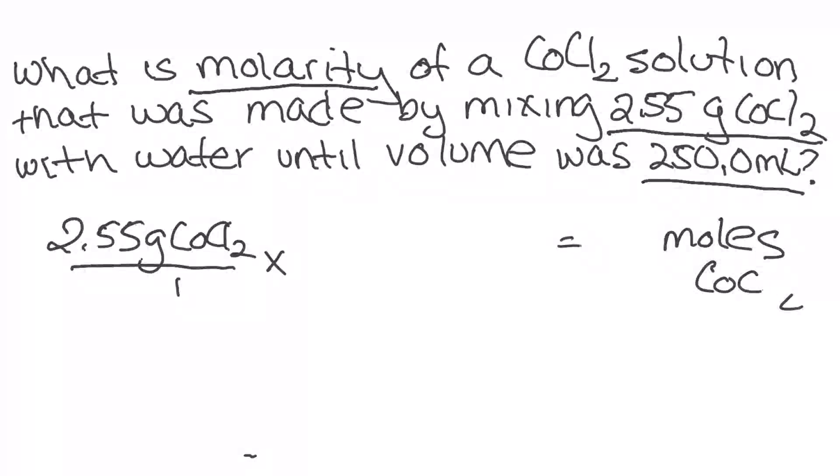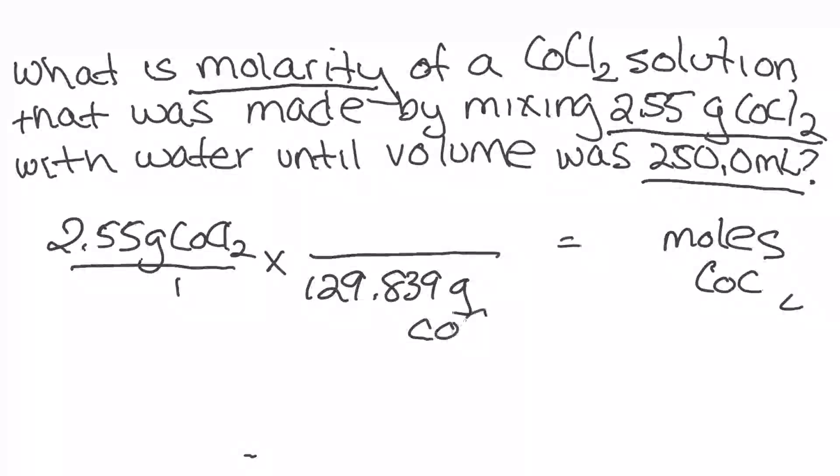So I'm going to look at the periodic table, look up cobalt and chlorine, take 2 chlorines, and add them all together. And I get 129.839 grams of cobalt 2 chloride for every 1 mole of cobalt 2 chloride.